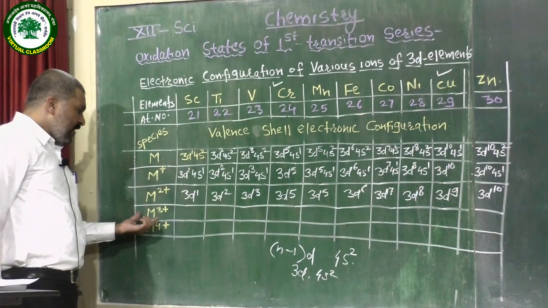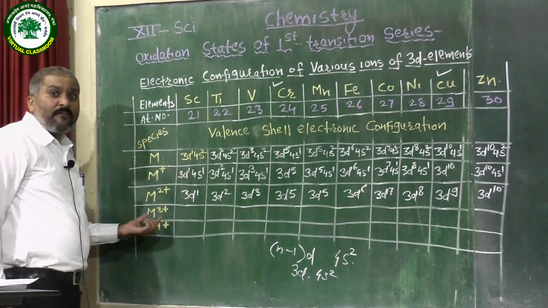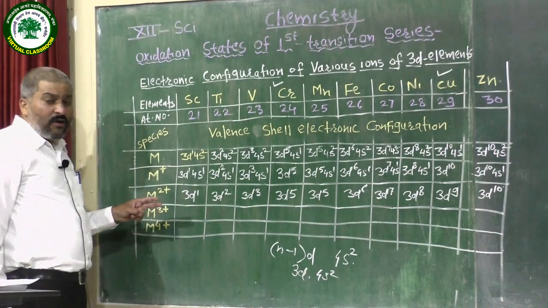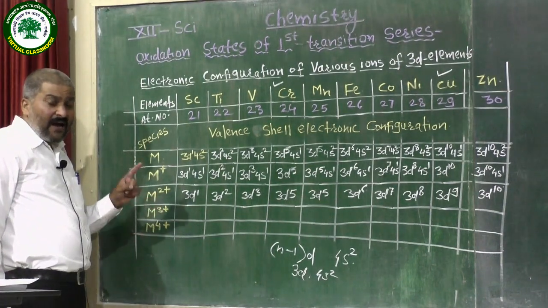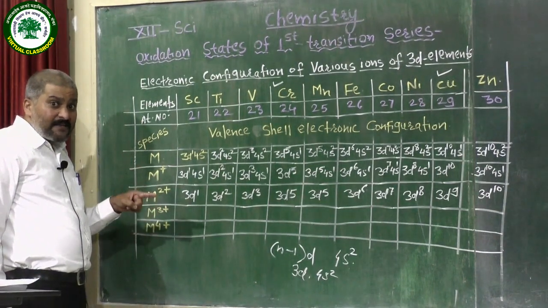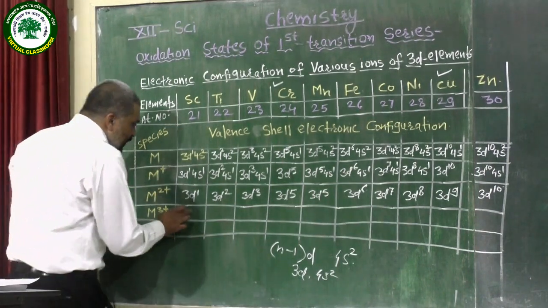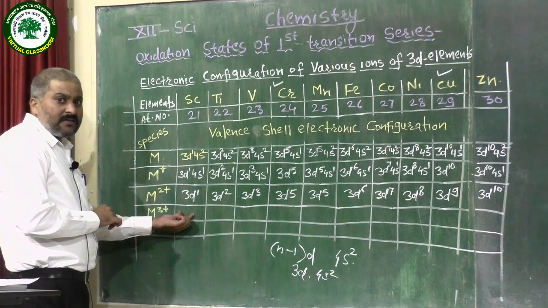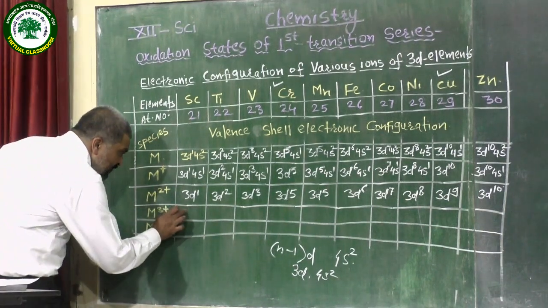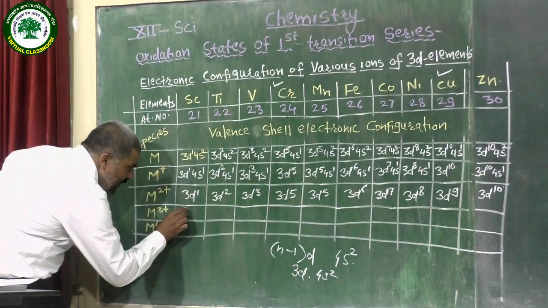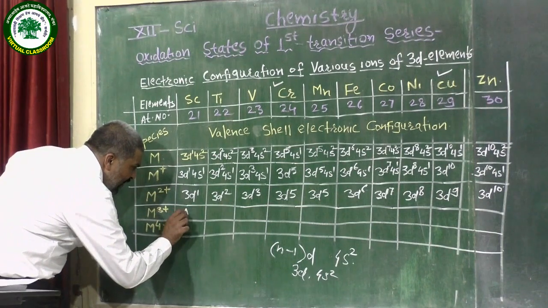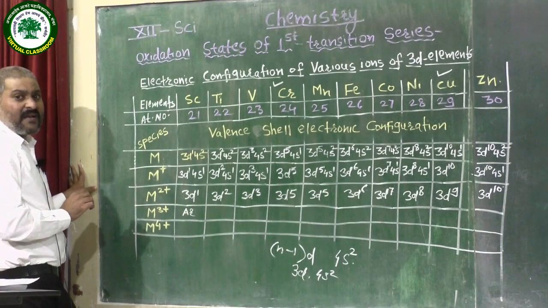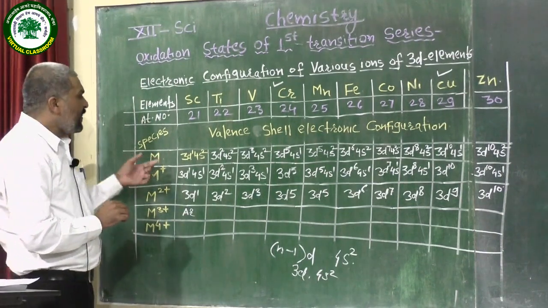Let us see M tripositive ion, +3 oxidation state. In +3 oxidation state, 2 electrons from the 4s subshell and 1 electron from the 3d subshell are lost. Let us see what happens. 3d1 becomes 3d0, meaning the electronic configuration becomes equal to argon, having atomic number 18.